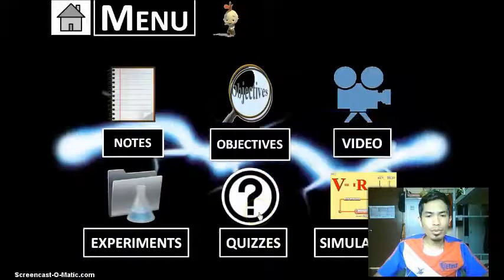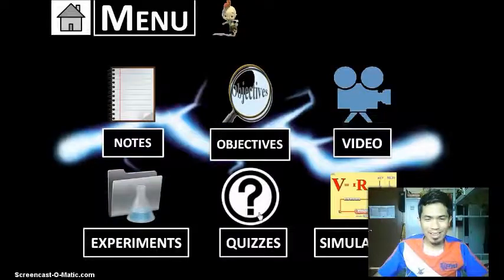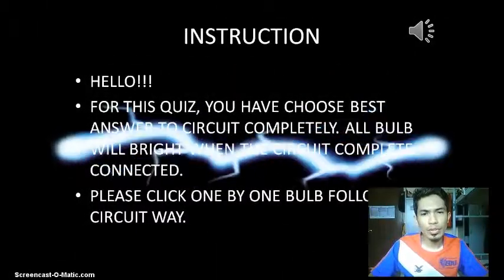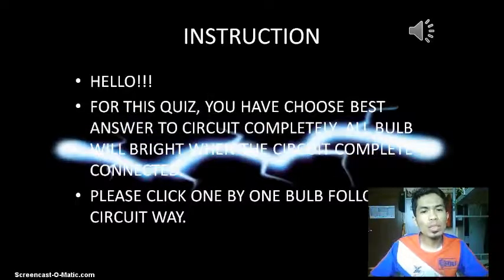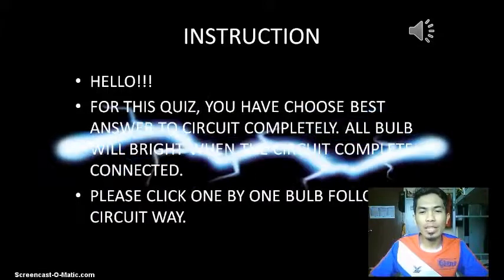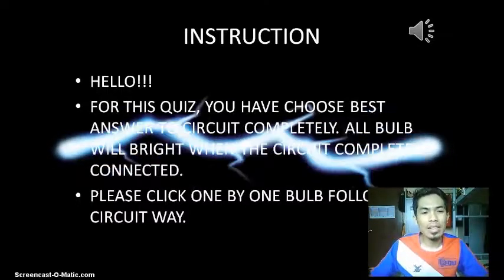Next, I will show you a quiz, and let's do the quiz. Hello. For this question, you have to choose the best answer to complete the circuit, or the bulb will be bright when the circuit is completely connected.